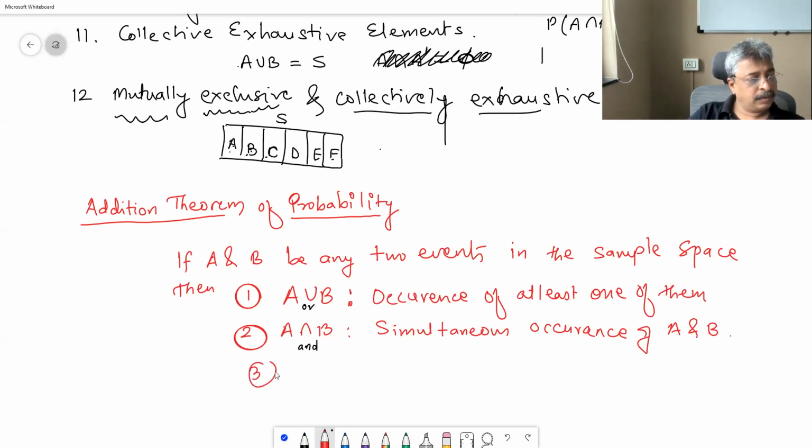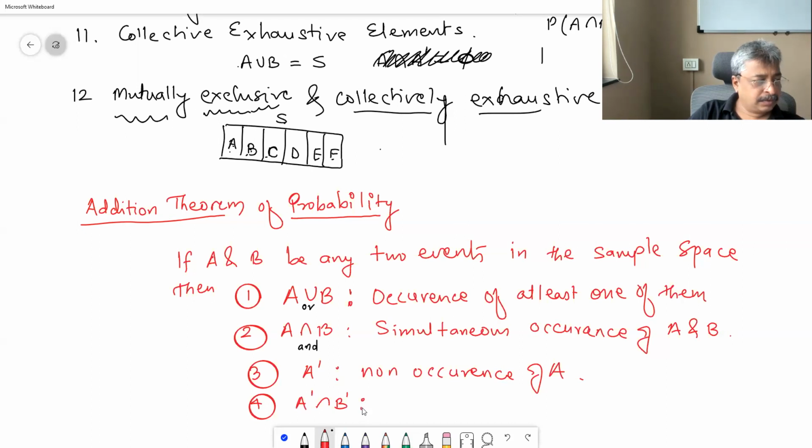Third, A dash: non-occurrence of A. Fourth, A dash intersection B dash. What will we call this?